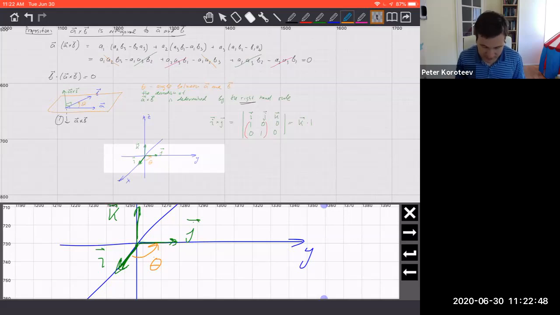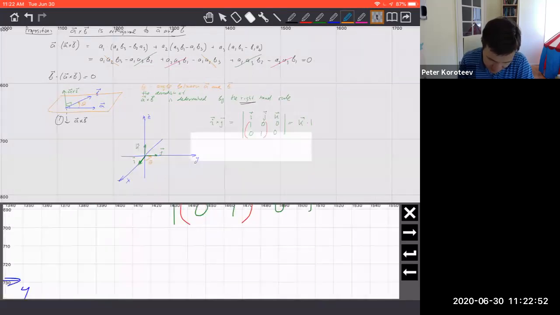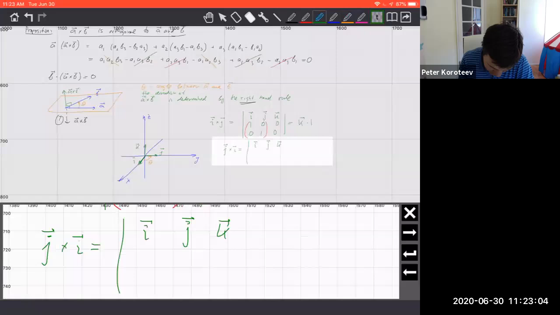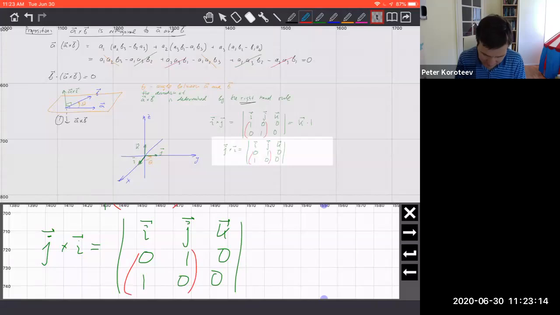Now let's calculate them in a different order. Let's calculate J times I. We have I, J, K, and first I put J, 0, 1, 0, and here it's 1, 0, 0. Again, the only non-trivial minor will be this, but now it will contribute with the minus sign.